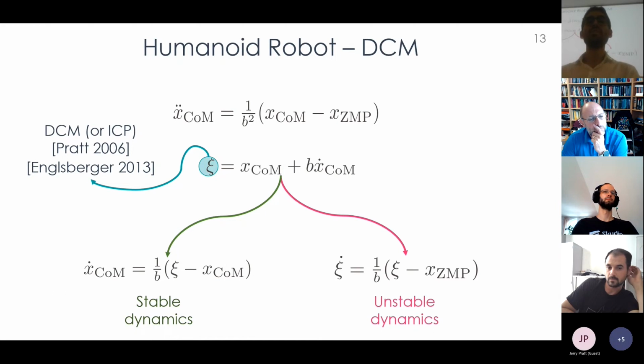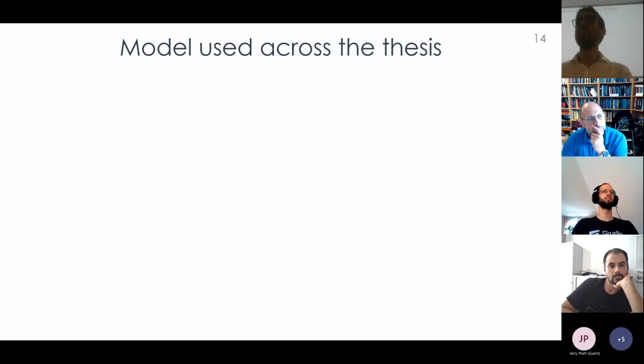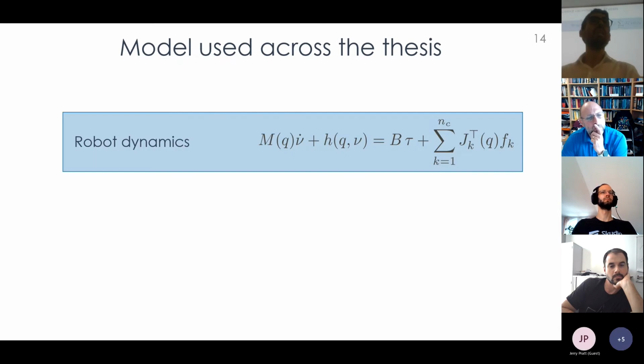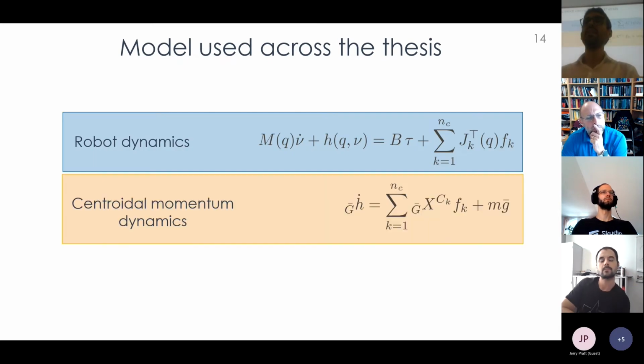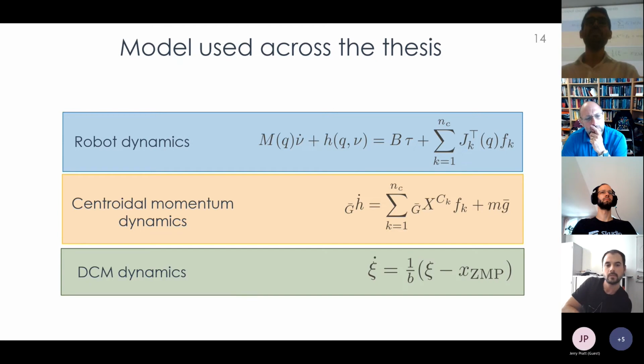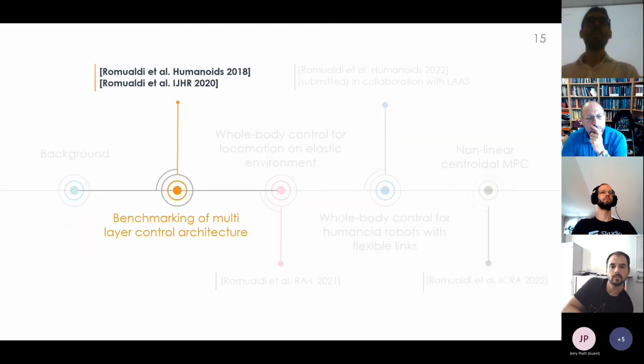The stable dynamics shows that the center of mass automatically follows the DCM, while the unstable dynamics is often considered inside the control strategy in order to stabilize it. So to recap, the models used across this thesis are the following: the full robot dynamics, then the centroidal momentum dynamics, and finally the DCM dynamics.